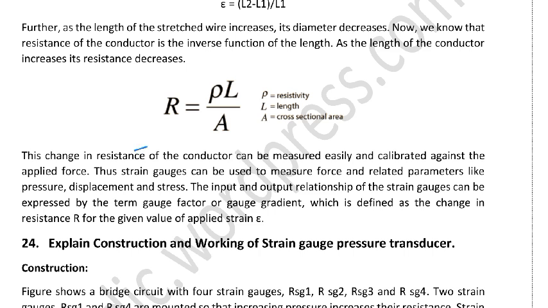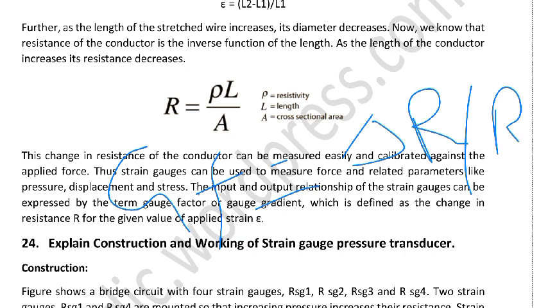So generally, we will discuss the gauge factor. It is delta R upon R, divided by strain.